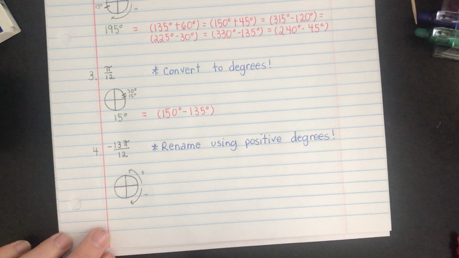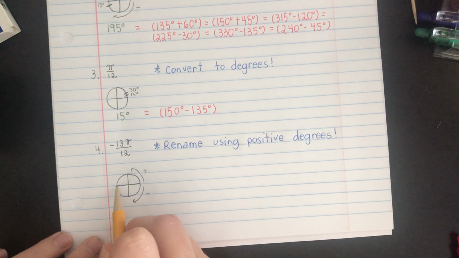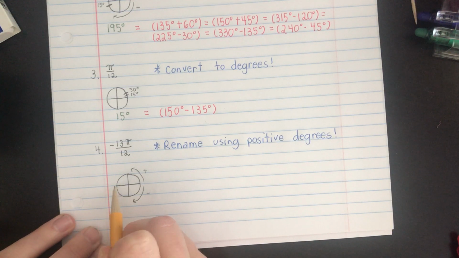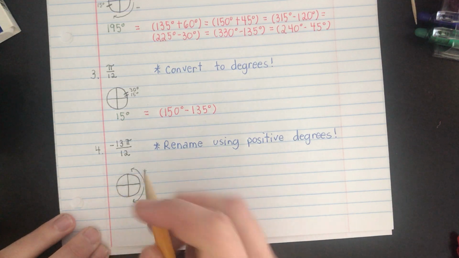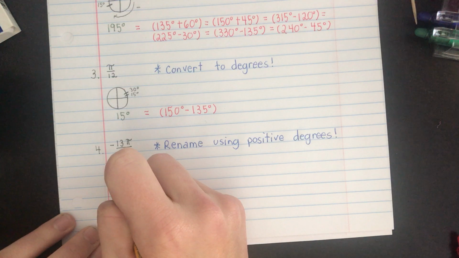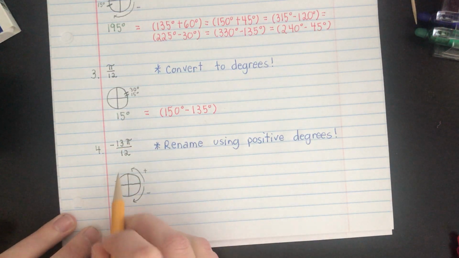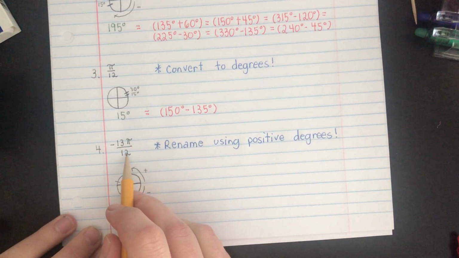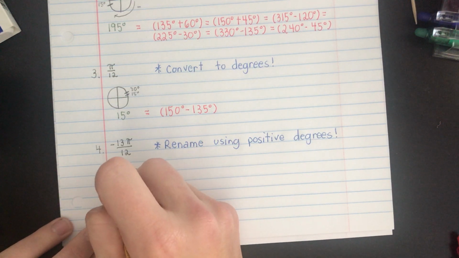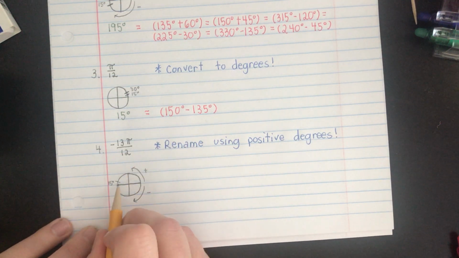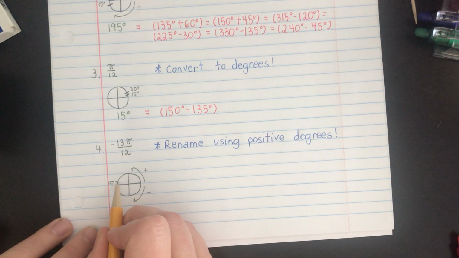Where is negative 13 pi over 12? Well, here, this is negative 12 pi over 12, because this is a full negative pi. So that's going to be right here. Remember, we just talked about how each 12th of a pi is 15 degrees. So this angle right here is 15 degrees. So that's where that angle is going to fall.